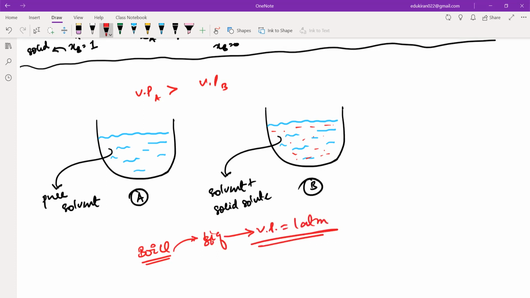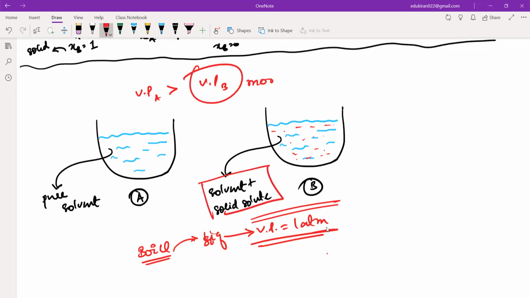Now which of them will easily reach 1 atm vapor pressure, A or B? A will reach 1 atm very easily. That means in order to boil the solution, we need more temperature, right? Yes. Since the boiling point of the solution is higher than the boiling point of pure solvent, this increase in the boiling point is known as elevation in boiling point. That is the second colligative property.